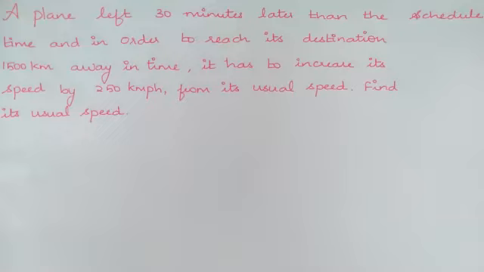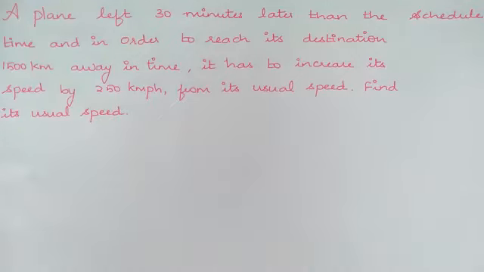As we all know, in order to work with such problems, we will be working with the formula related to speed, distance and time. Since we are given the difference in start of the airplane, that is it's starting 30 minutes late, when it is traveling with usual speed there is going to be no change in the time when it starts.